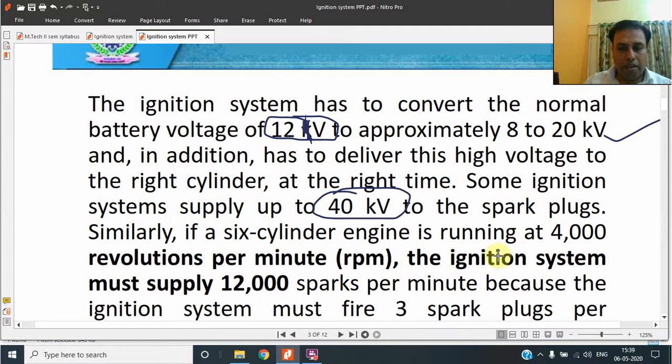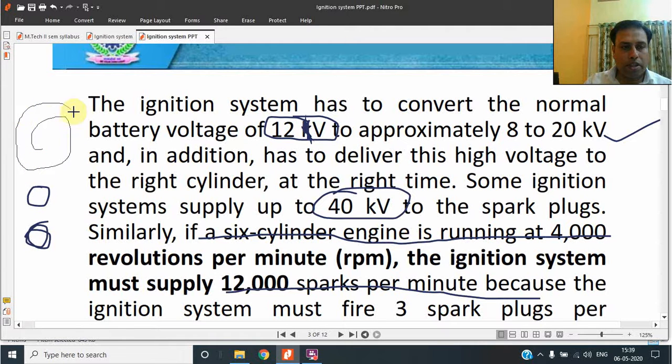And the timing is also important in this. An example is given: if the engine is a 6-cylinder engine running at 4000 rpm, then 12,000 sparks per minute will be required. We know that in two revolutions, the complete cycle, once the spark is required for a single cylinder.